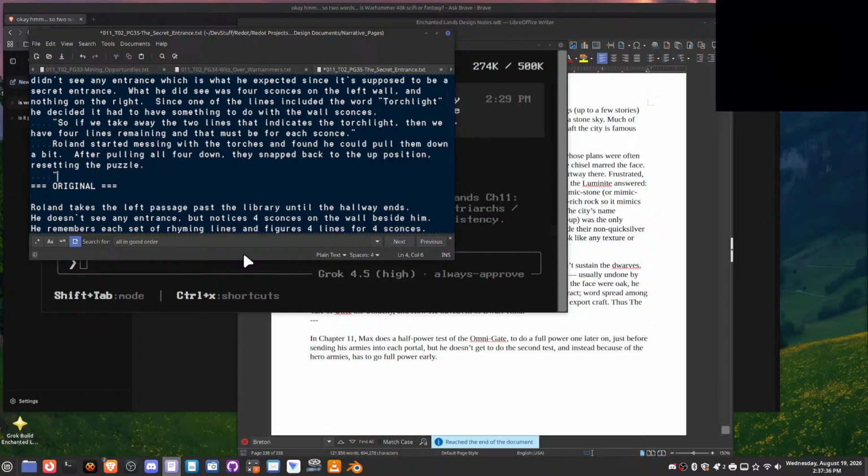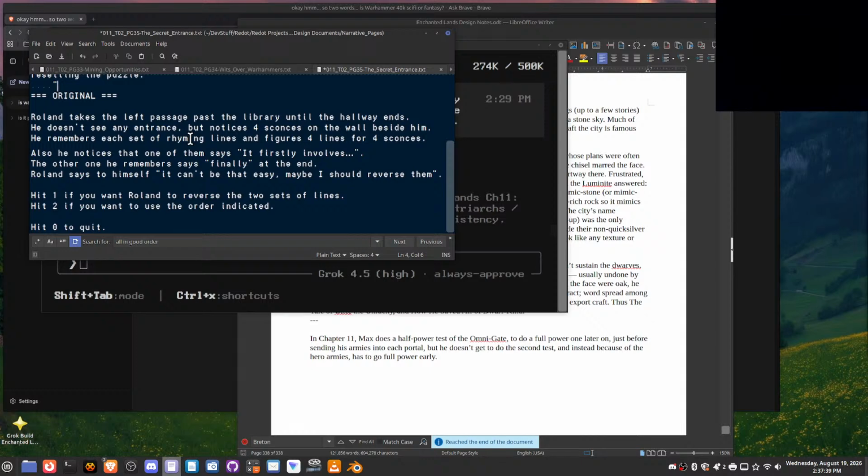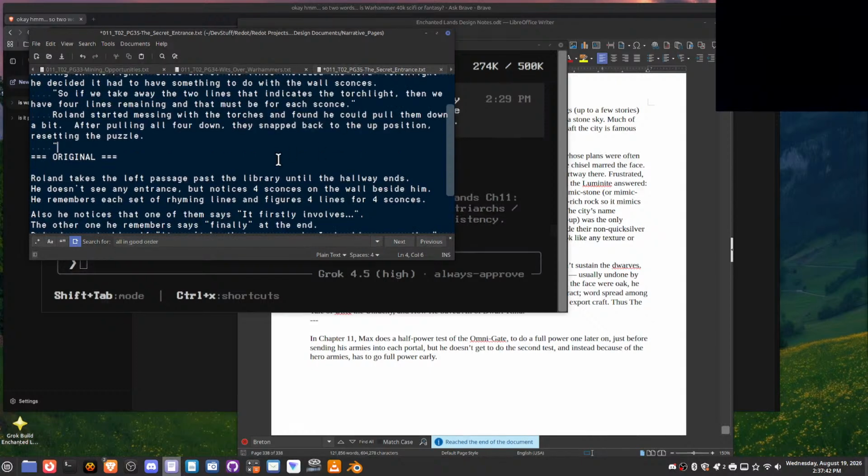Let's see. Okay, so how would he determine this? There's an order. There's four. There seems to be an order for the four remaining lines.